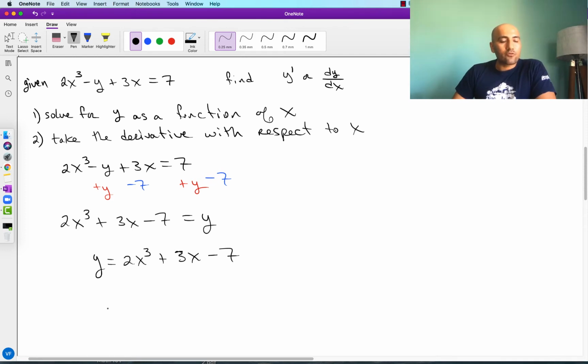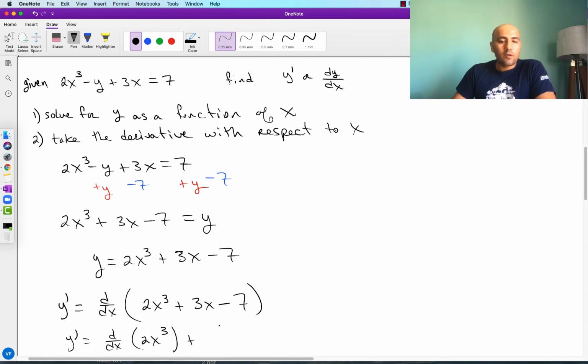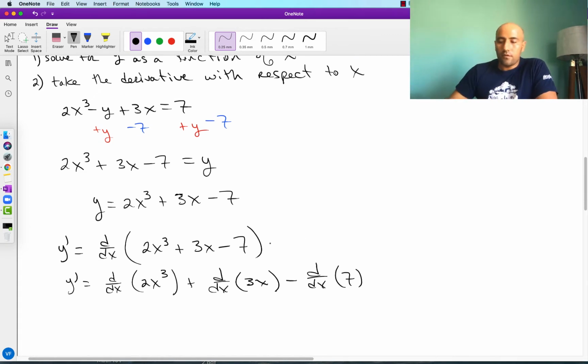Now I'm ready to take the derivative. y prime is equal to the derivative with respect to x of 2x cubed plus 3x minus 7. So y prime is equal to d/dx of 2x cubed plus d/dx of 3x minus d/dx of 7. y prime is equal to 6x squared plus 3.